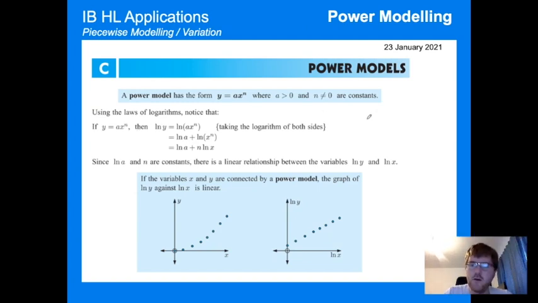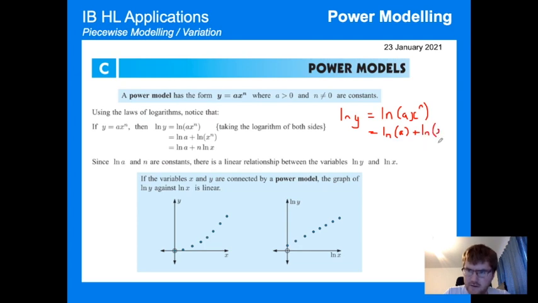So if we take y equals ax to the power of n, and just add the natural log to both sides, which is allowed, as long as you do the same to both sides. So I'm repeating the step there on the left-hand side. Now, by the law of logs, if you have two things multiplied together within a log, you can separate them out by adding. So I can separate this out like so.